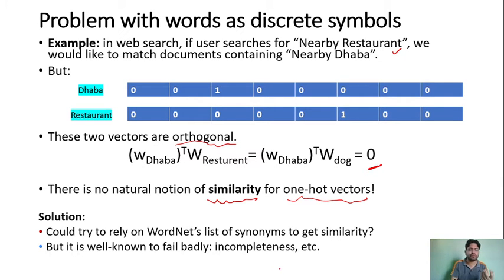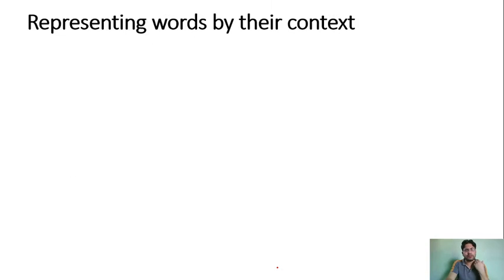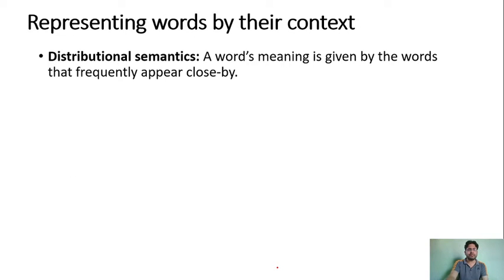So can we try a method that is more distributed? Let's look into that in detail. Once we represent in that way, the words will have similarity as well. Representing a word by its context is known as distributional semantics: how a word is used in a particular place.